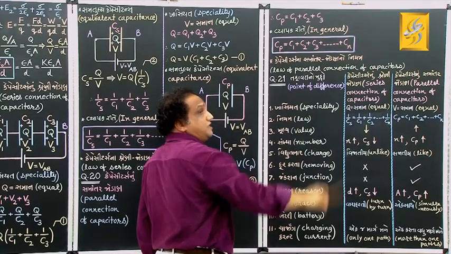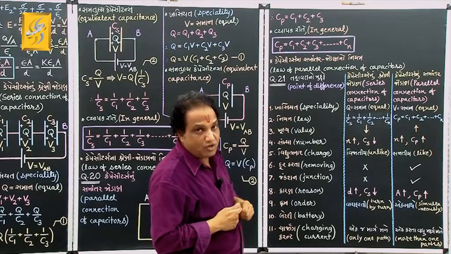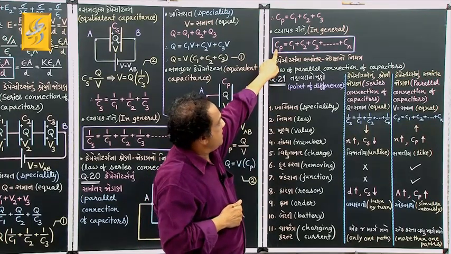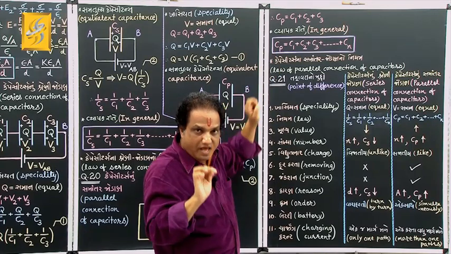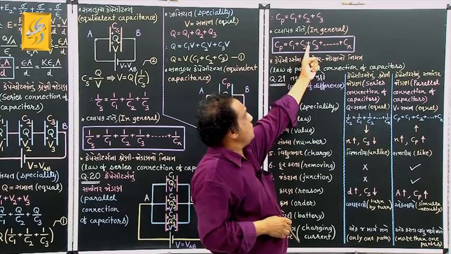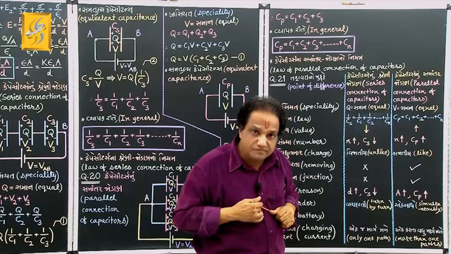How would you express it in words? Very simple. Give the statement of this law in words like this from this result. Equivalent capacitance of a given parallel connection of capacitors is just equal to the summation of individual capacitances in that connection. Full stop.